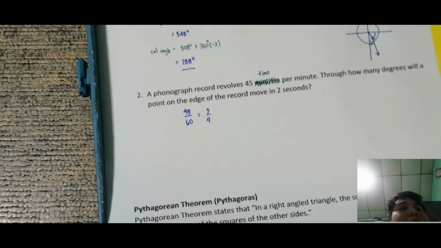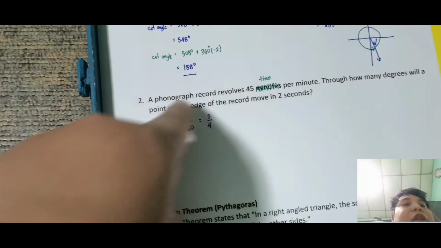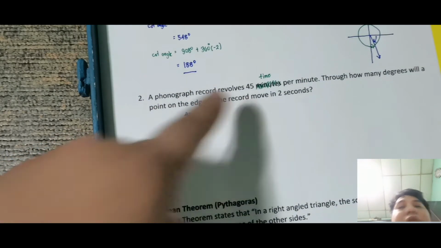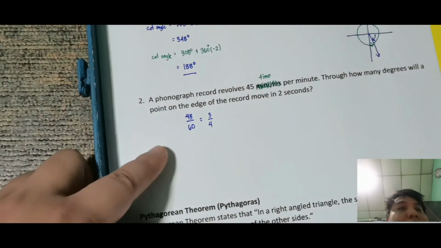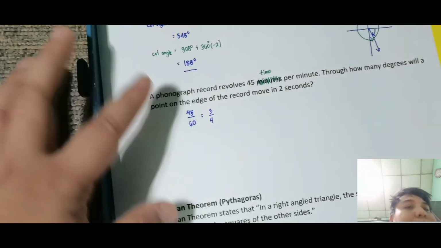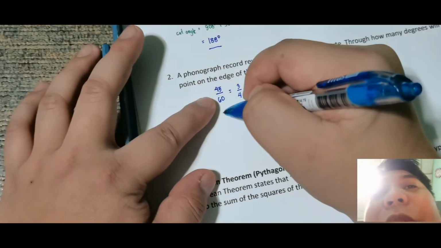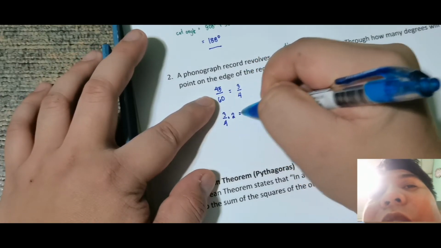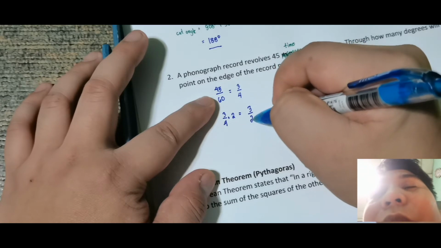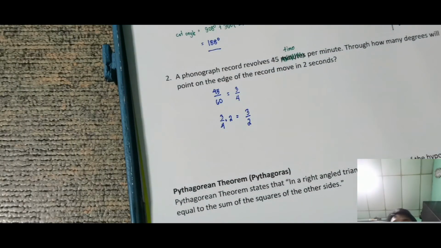Ngayon, ang sabi, through how many degrees will a point on the edge of the record move in 2 seconds? So, itong 3/4 na to, i-multiply natin sa 2 seconds kasi in terms of seconds na yan eh. So, this is 3/4 multiplied by 2, which is equal sa 3/2.